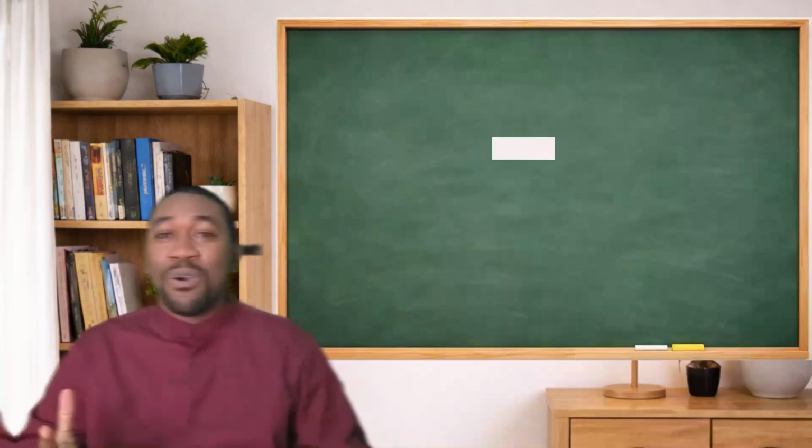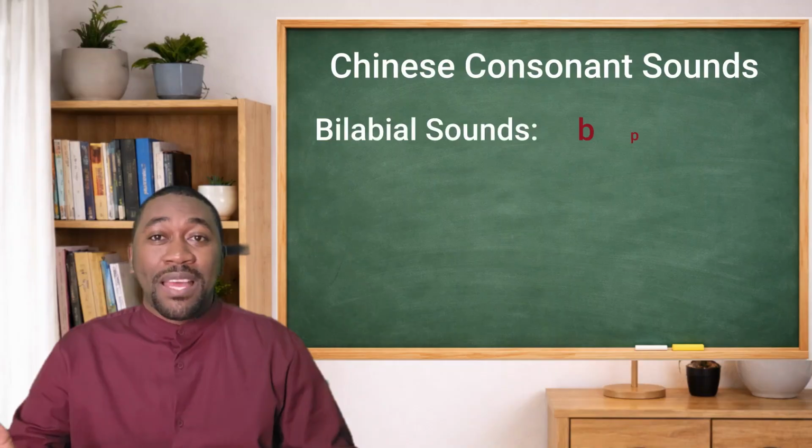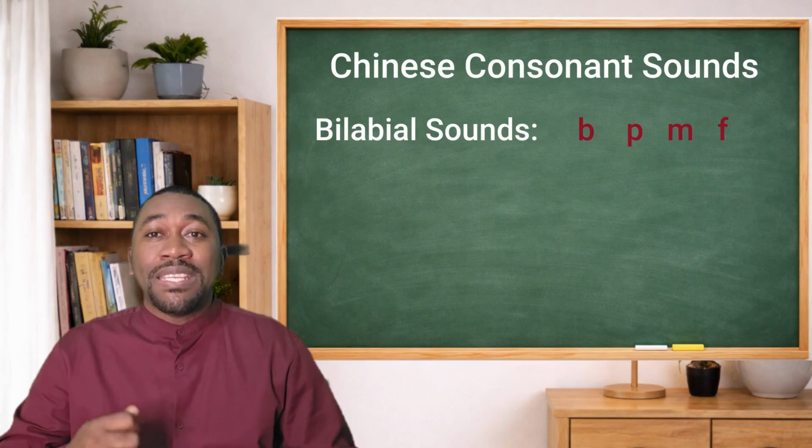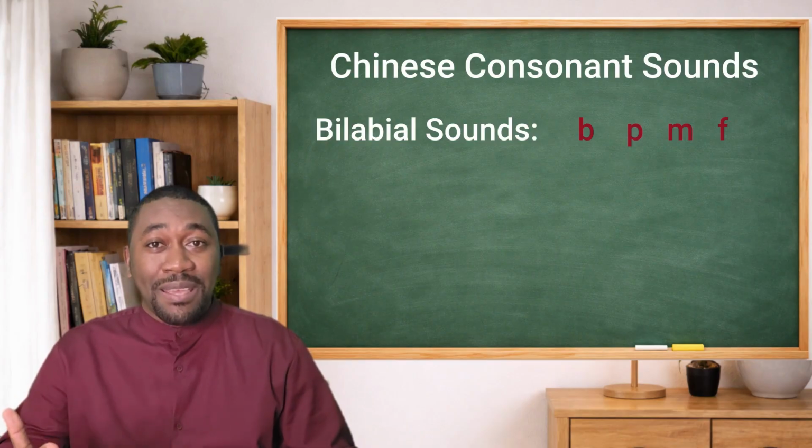We are going to start off by looking at the first 4 consonants, which are B, P, M, and F. Right away you might say, that looks like English. Yes, they look like the same letters, but we say them differently. And of course, in Chinese, they have different names.